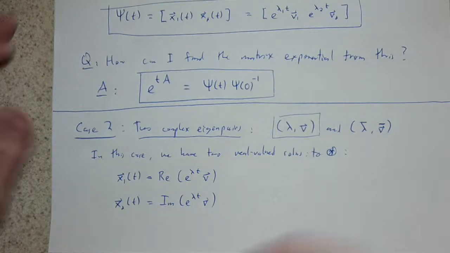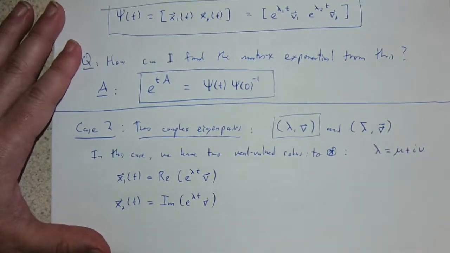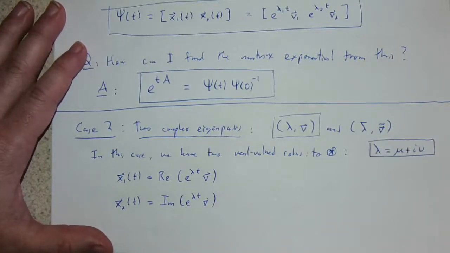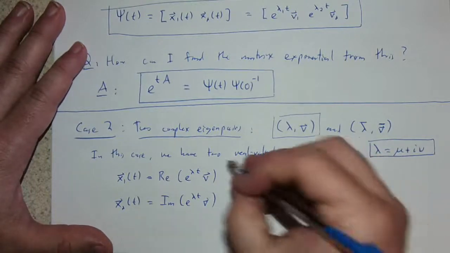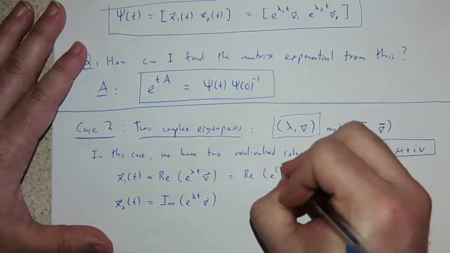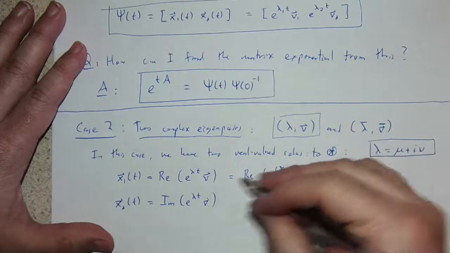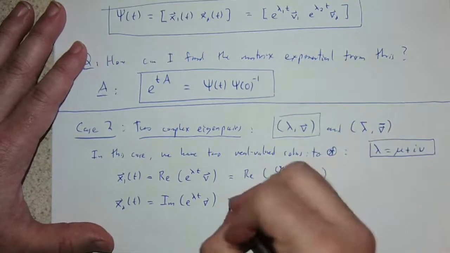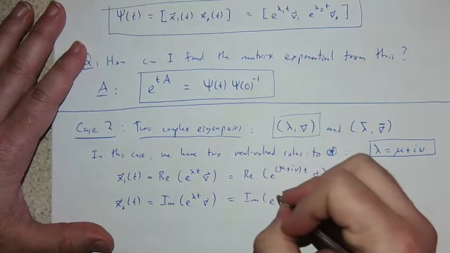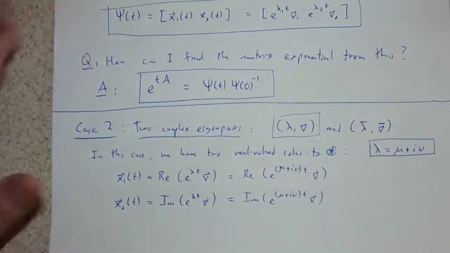Now, if we say that lambda is mu plus i nu, then what does this become? Well, x1 would become the real part of e to the (mu plus i nu) t times v, and x2 will become the imaginary part of e to the (mu plus i nu) t times v.